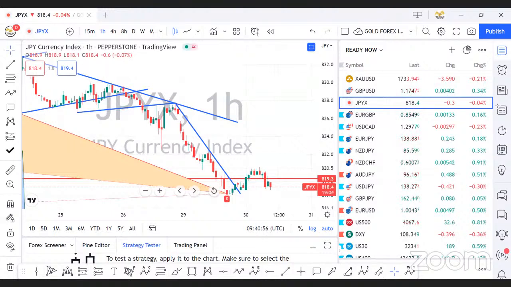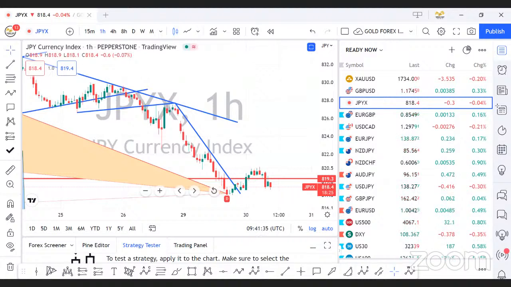You can see over here, this is the full wave. The wave count started from this level, with wave 1, 2, and wave 3 over here. We had a triangle formation, A, B, C, D, E, which goes with wave 4, and then wave 5 giving us an extended wave 5.